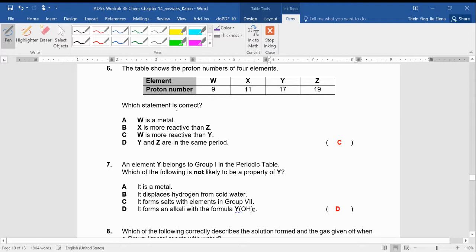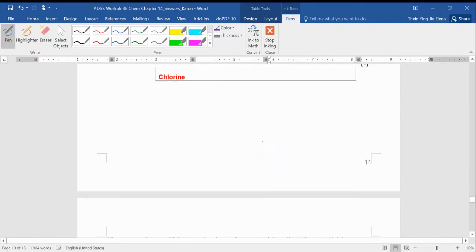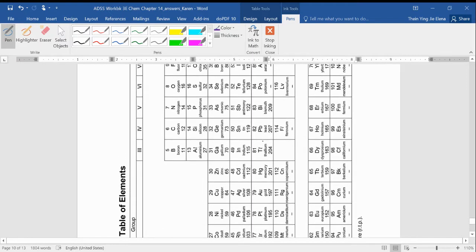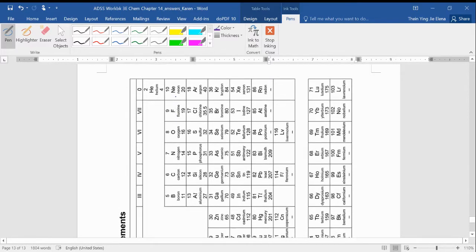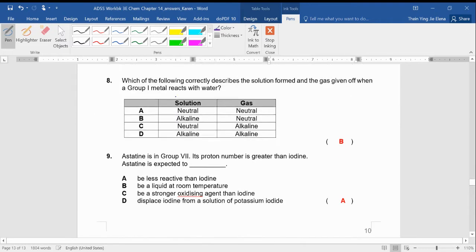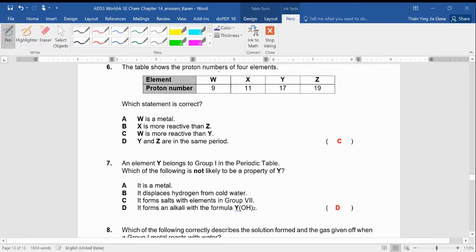If I'm not wrong, it is fluorine, is it? 9 electrons is fluorine, correct.